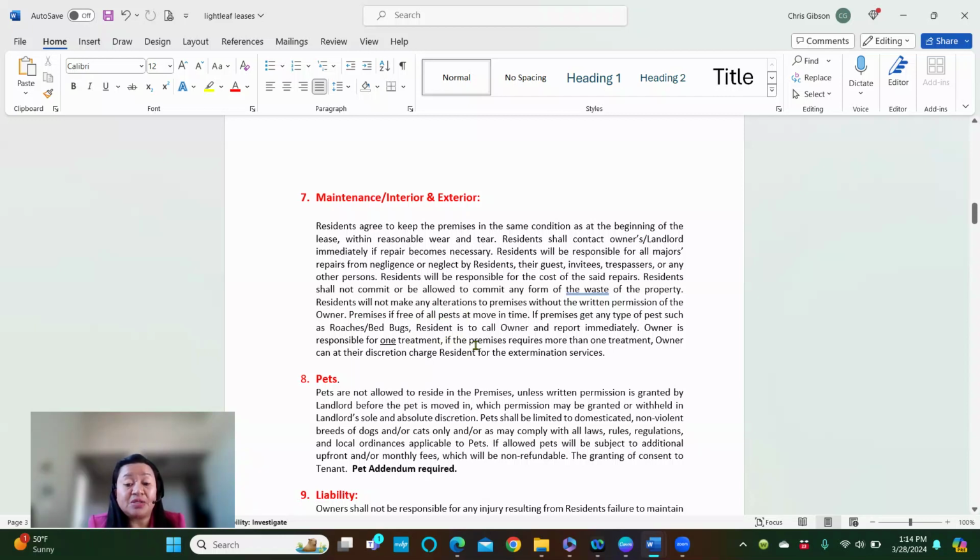But if the premises require more than one treatment, the owner can, at their discretion, charge the resident for the extermination services.